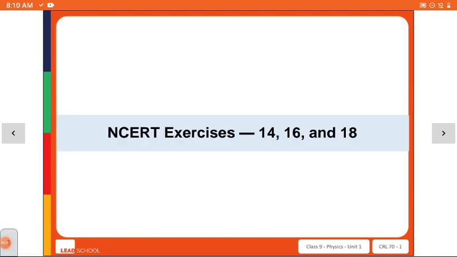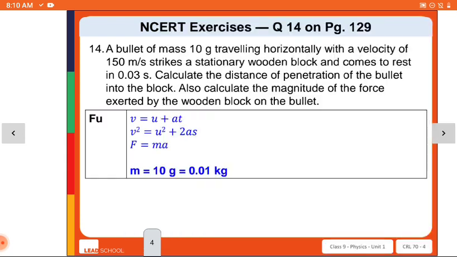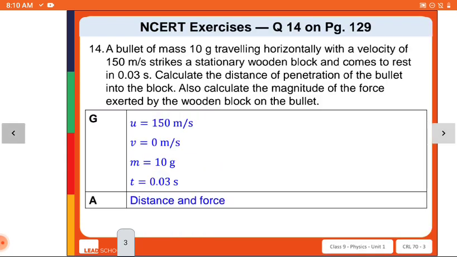Students, NCERT exercise questions number 14, 16 and 18. The first question is: a bullet of mass 100 gram traveling horizontally with a velocity of 150 meter per second strikes a stationary wooden block and comes to rest in 0.03 second.